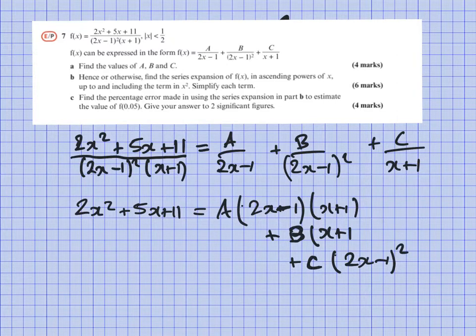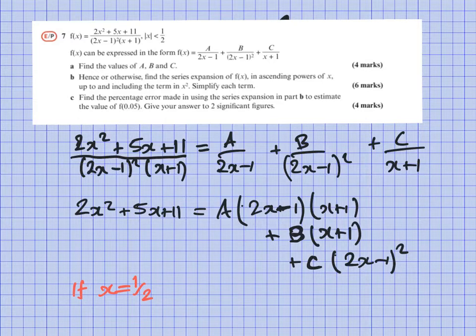Now, I'm going to substitute in a value so that it cancels out one of the brackets. Let's choose x equals a half. If x equals a half, then on the left-hand side I would get half squared is a quarter, times 2 is a half, plus 5 over 2.